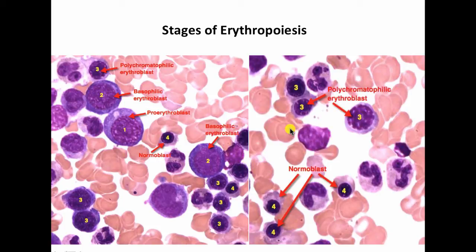On the right hand side here I've shown some stages of the transition of a polychromatophilic erythroblast. As it becomes smaller and smaller, its cytoplasm becomes less basophilic, more pinkish due to the buildup of hemoglobin. The nucleus becomes smaller and smaller, and eventually the nucleus becomes pyknotic.